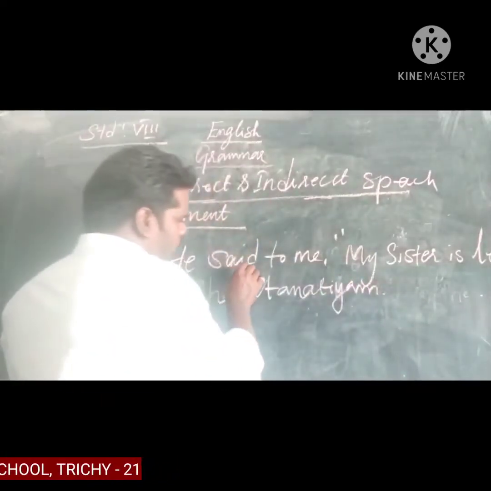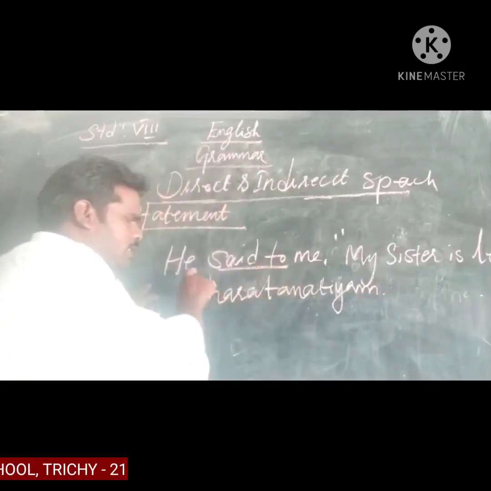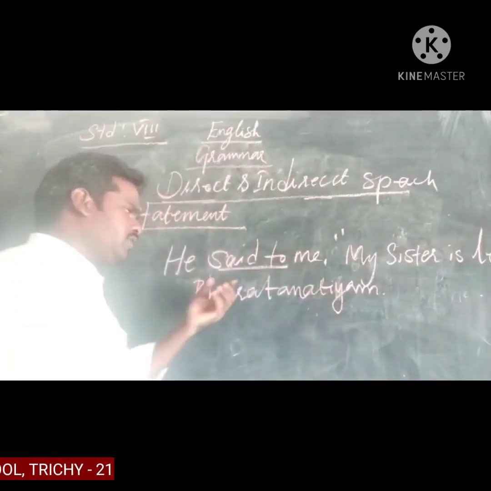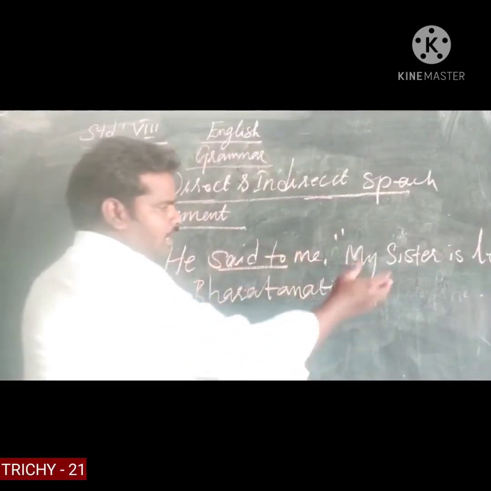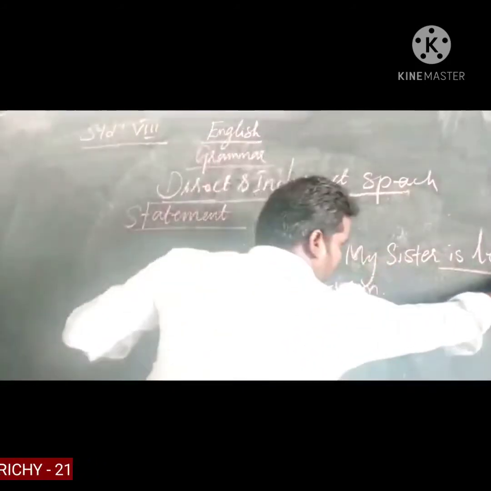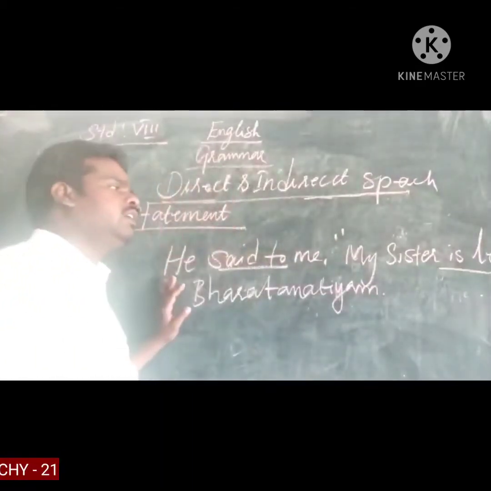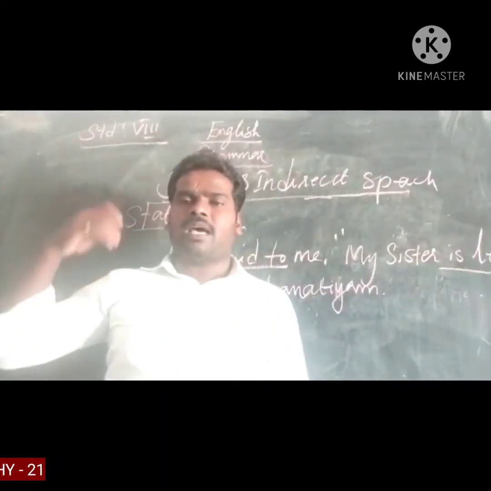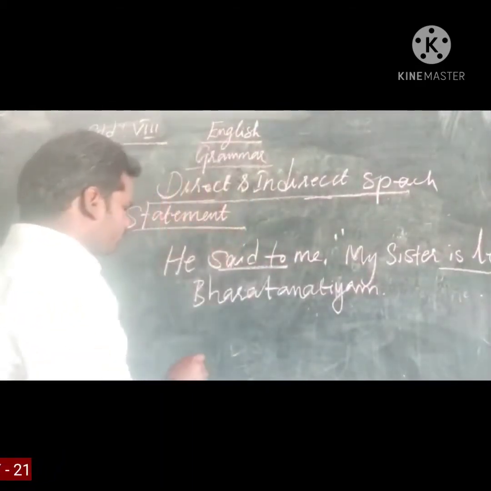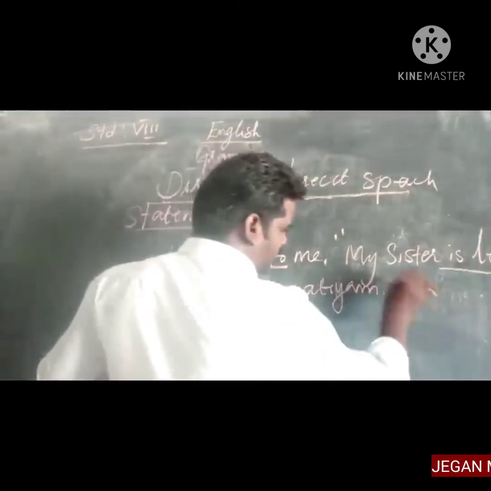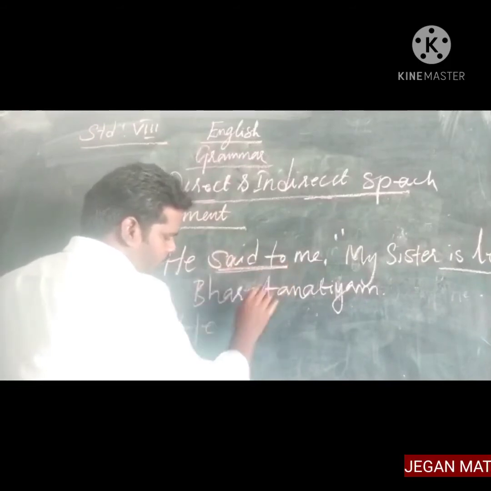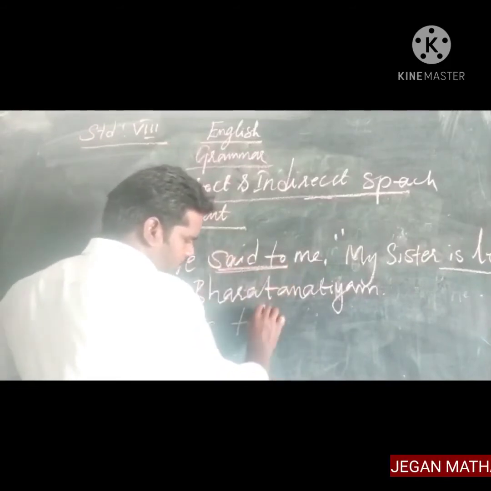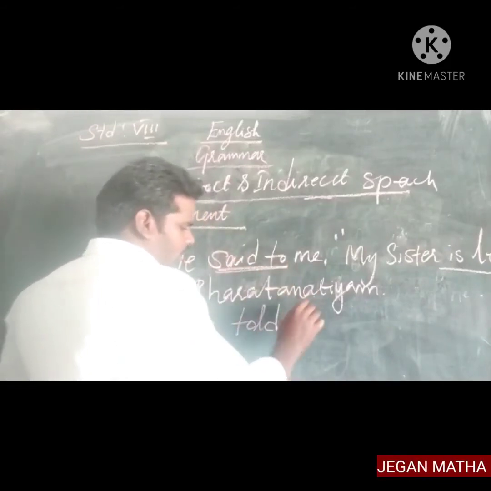He said to me, said to. So there is one speaker and listener. Instead of said to, we can use told. Normally in that statement, my sister is learning, present continuous. So what we have learned, present continuous becomes past continuous. This is direct speech. Okay. Instead of said to, we can use told.